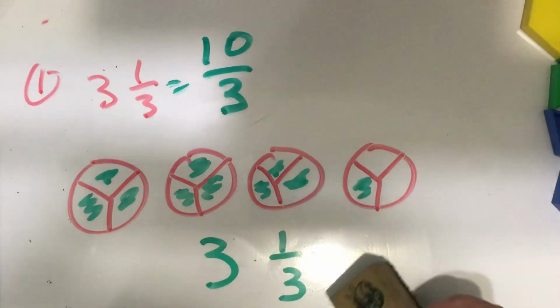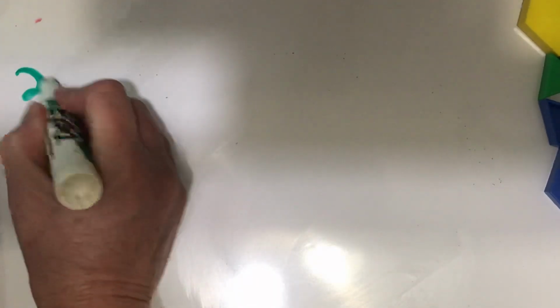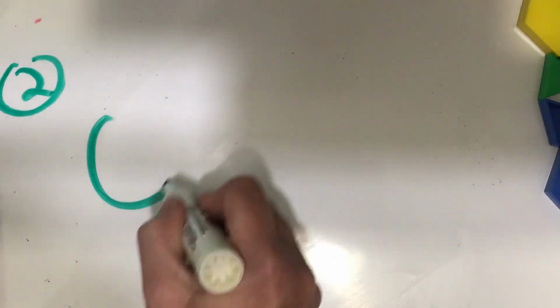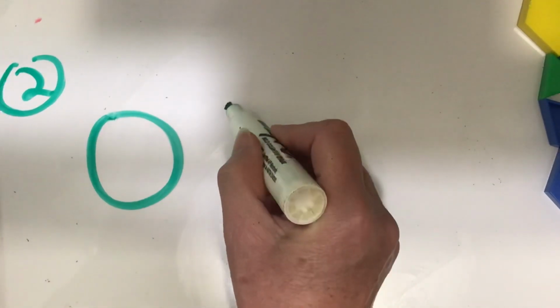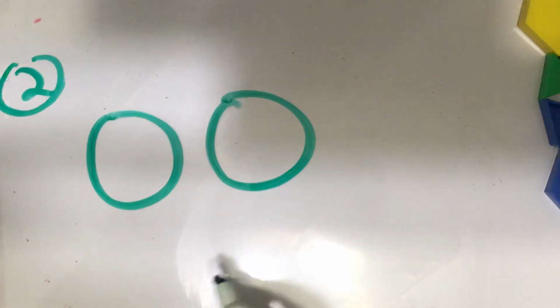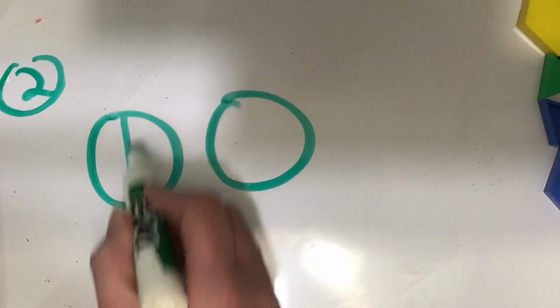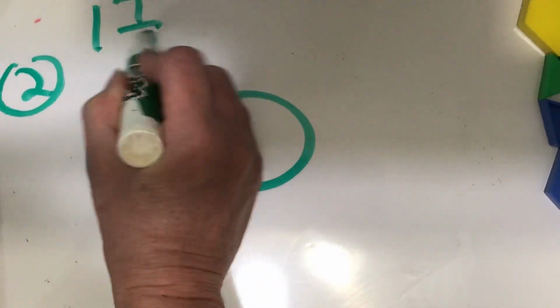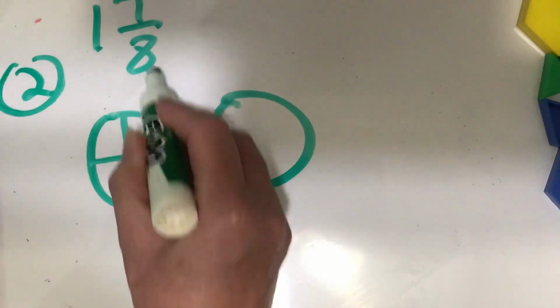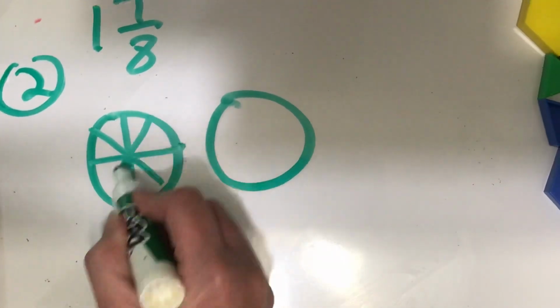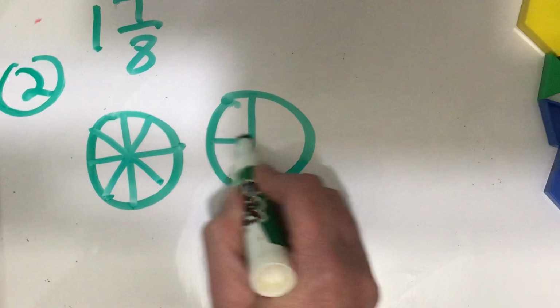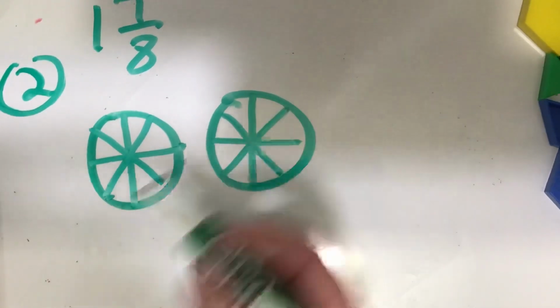All right, let's look at number 2. Number 2 is 1 7/8. So you're going to draw 2 circles because you need 1 whole, but 1 7/8 is more than 1. Okay, so we need to divide these circles, and this is 1 7/8. I need to divide my circles into eighths because my denominator is 8. All right, I have 8 sections.